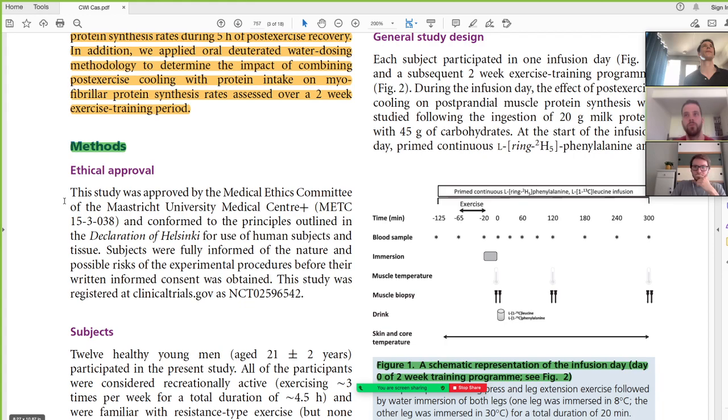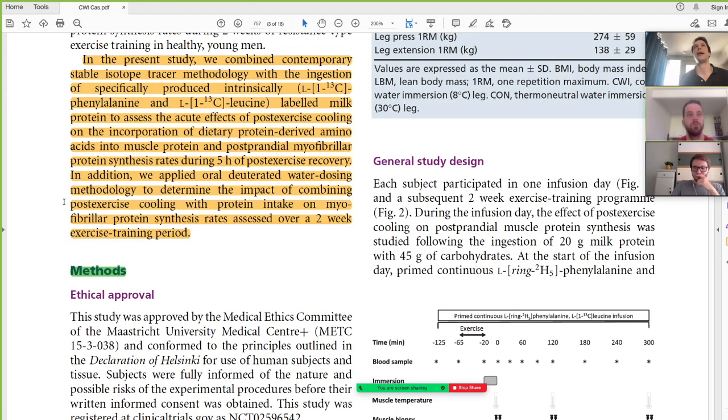I would say that 95% of people who open your paper are not familiar with at least half of the methods. A lot of people will understand some of the measurements, but when we look here at L113C leucine, I think most people have no clue what that is or what you can do with it. So we try to give a relatively short summary here, because we know that a lot of people will skip the real method section.